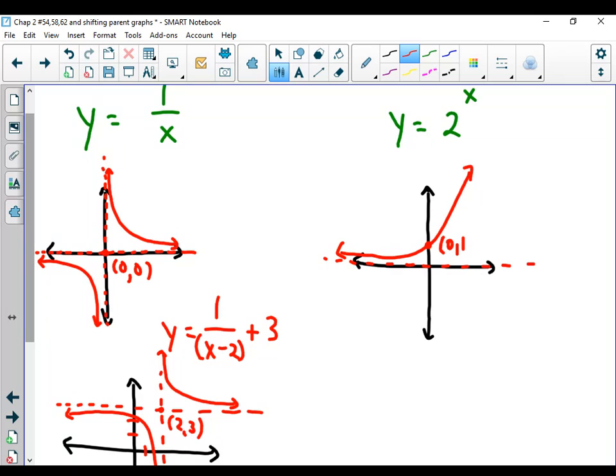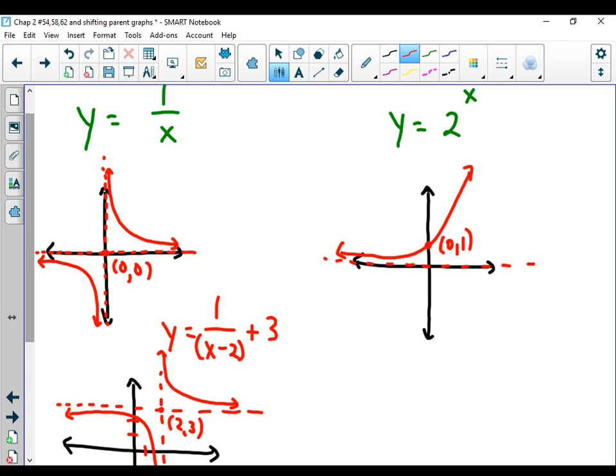And that's going to be the locator point. So our locator point for our exponential is at 0, 1. I just kind of call it the takeoff point. That's where it was kind of leveled out, but then it hit that point and started increasing fairly quickly.